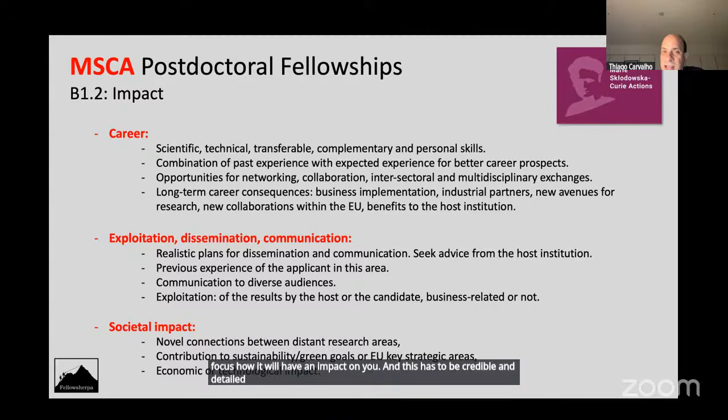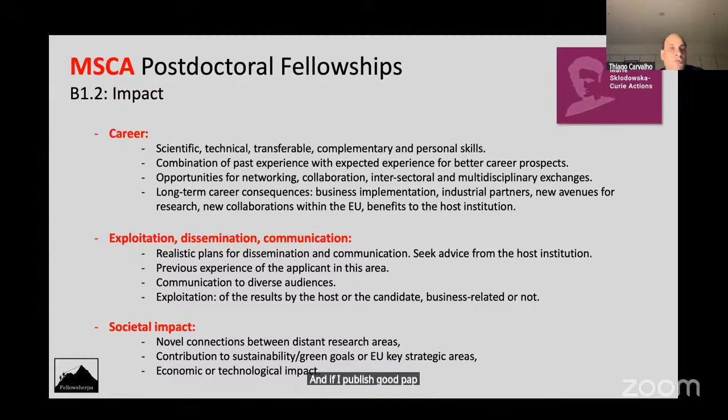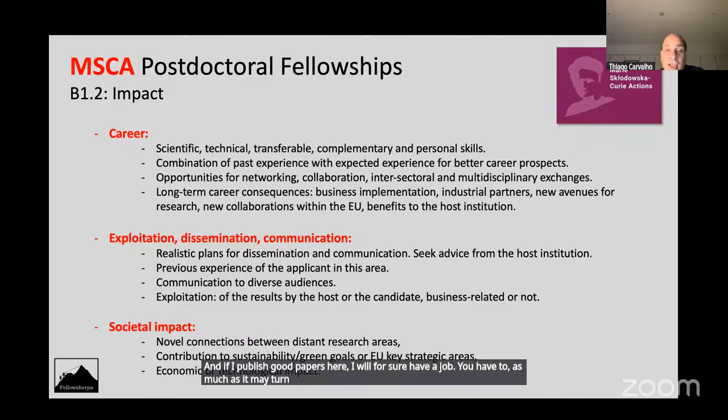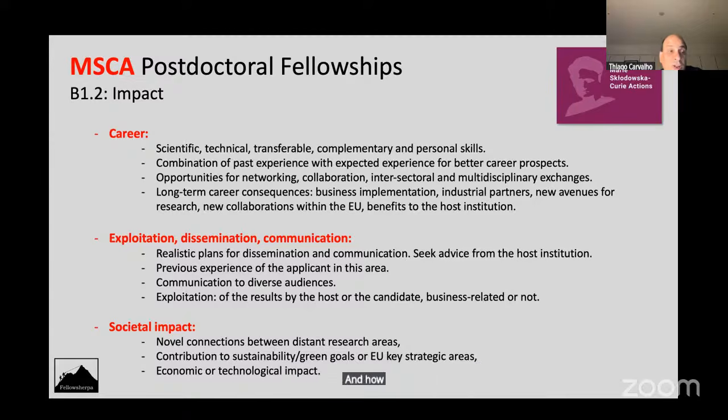It can't say this is an outstanding lab, and if I publish good papers here, I will for sure have a job. You have to, as much as it may turn out to be a fiction, write and tell a credible story about the kinds of skills you will acquire there, both hard skills, scientific skills, and soft skills, and how these will make you more, for lack of a better word, employable in the future.